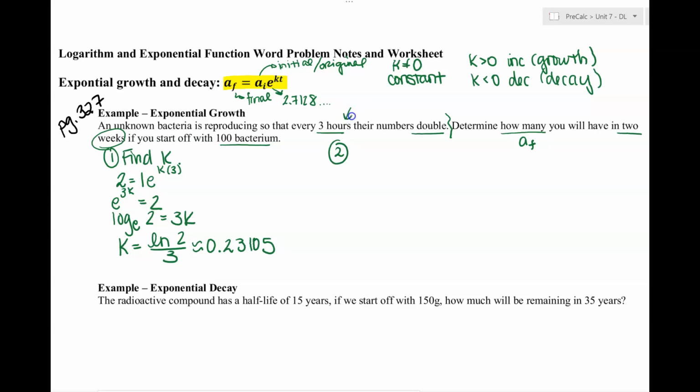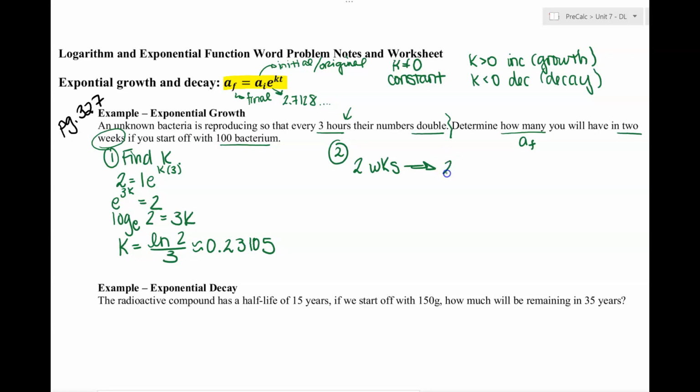Maybe you noticed, maybe you didn't. Originally, it's given in hours. So for 2 weeks, we're going to have to figure that out first. We're going to have to convert, because our time has to be consistent. Otherwise, our answer won't have any validity at all. So 2 weeks.